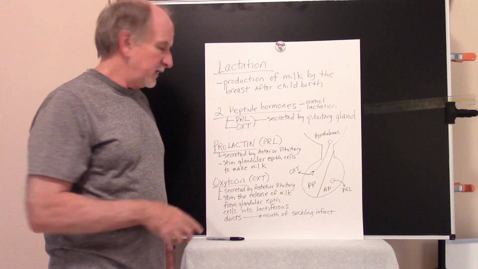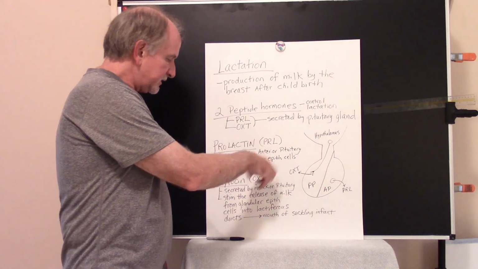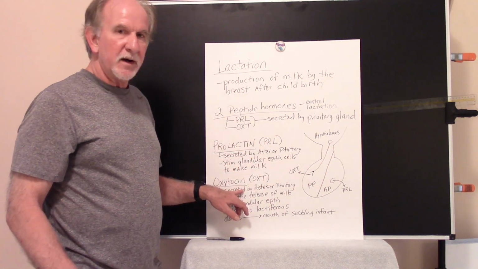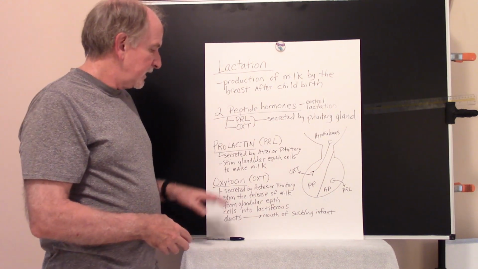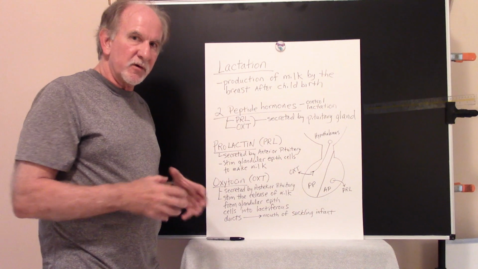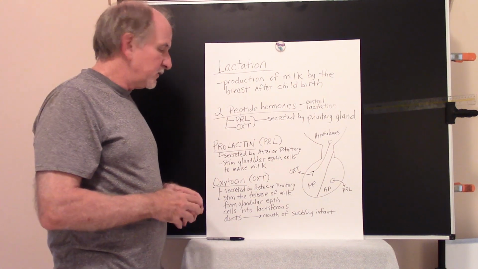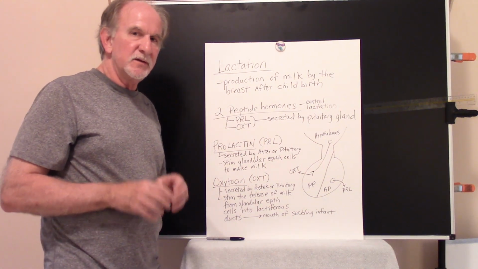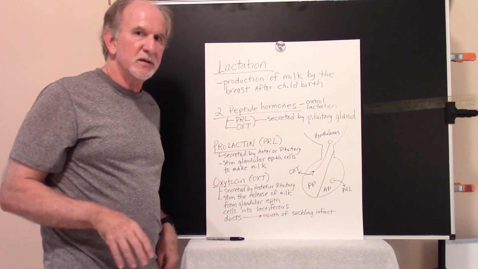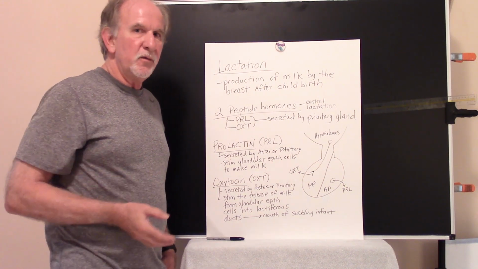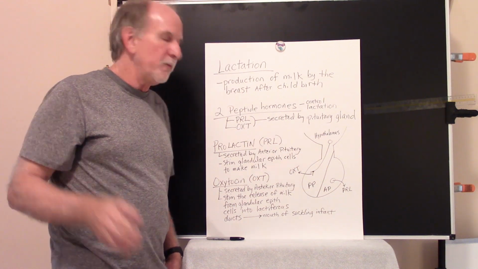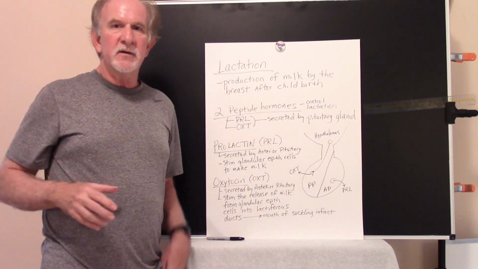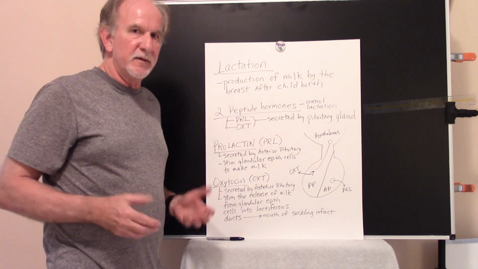Oxytocin, on the other hand, is abbreviated OXT, and it's secreted by the posterior pituitary. It stimulates the glandular epithelial cells to release their milk into the ducts, where it then can flow through openings at the end of the lactiferous duct in the nipple into the mouth of a kid who is breastfeeding.